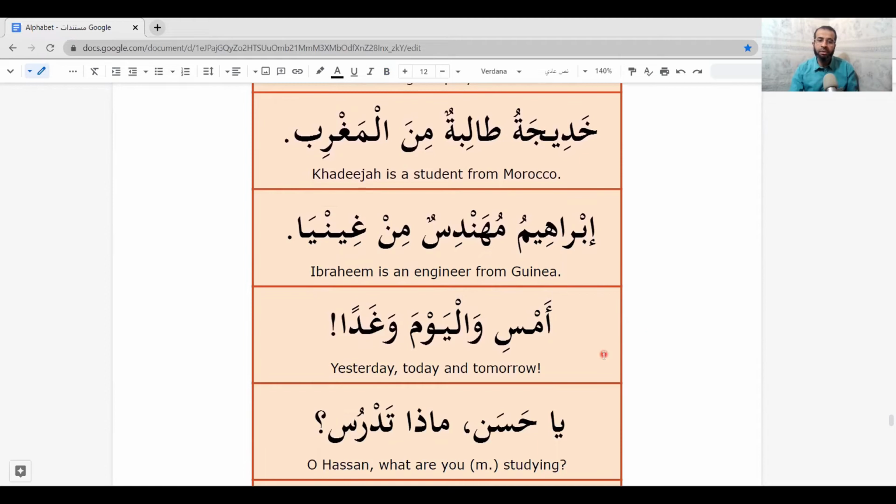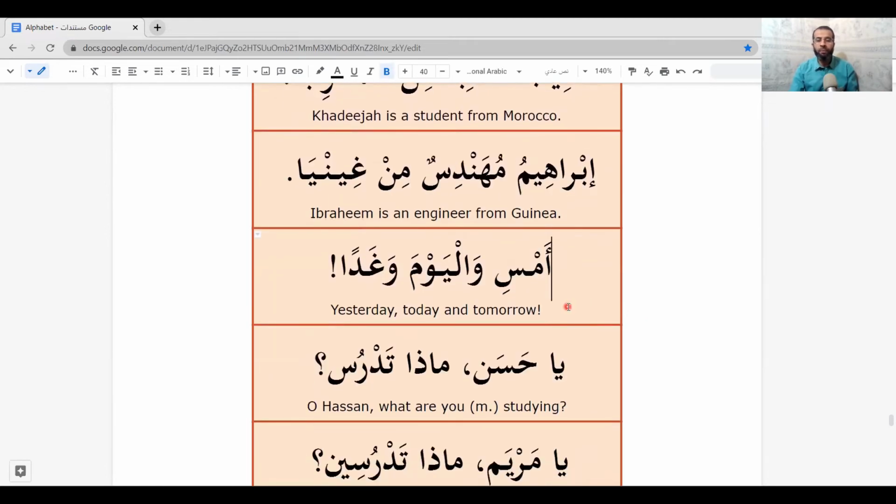The next one, yesterday, today, and tomorrow. Yesterday is أمس, و is and. Then today is اليوم, and after that و again, which means and. Tomorrow is غدا.